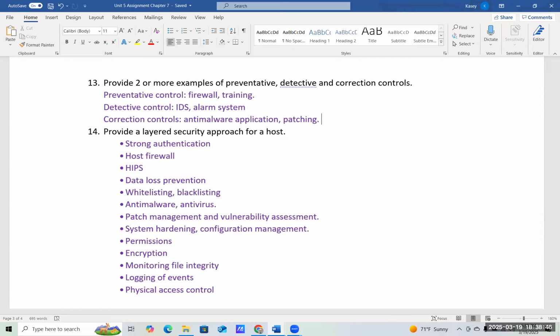But if you're looking at from a host that would be like a centralized system for the company to use, we want to make sure that there's authentication to that host. We want to make sure that that host cannot be accessed by anyone who doesn't authenticate. We want to use host-based firewall. I should put host-based firewall, sorry.